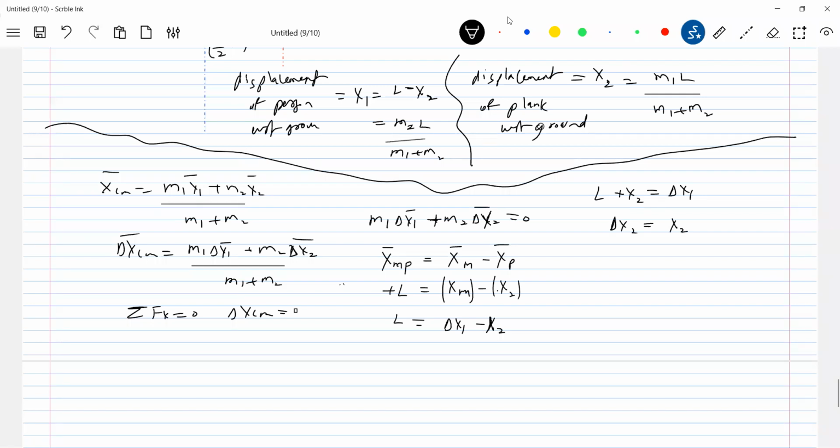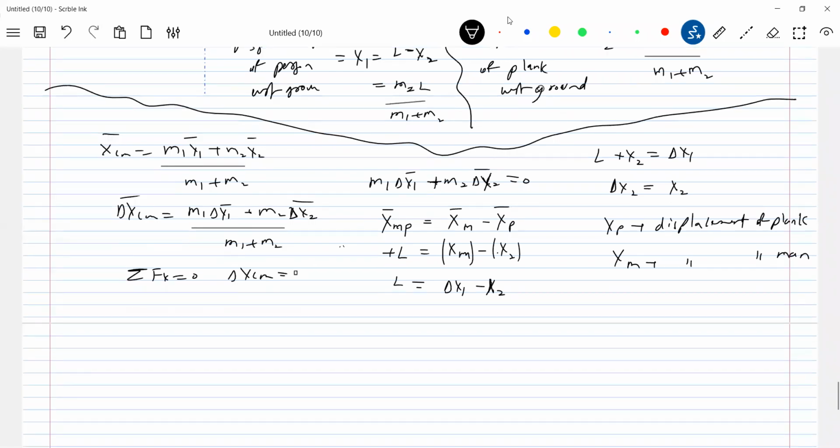Substitute these values here. What is xp? Displacement of plank. And what is xm? Displacement of man. All these are with respect to ground. Now let's use this formula. m1, what is delta x1? You can write it L plus x2.